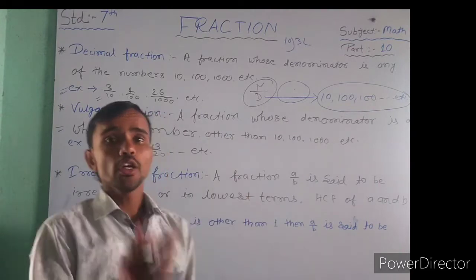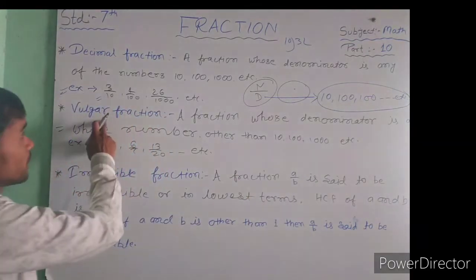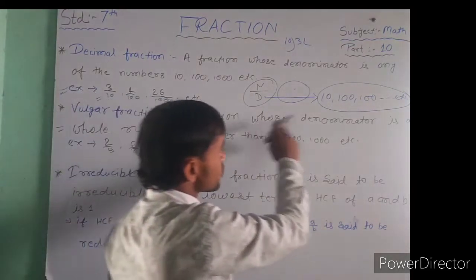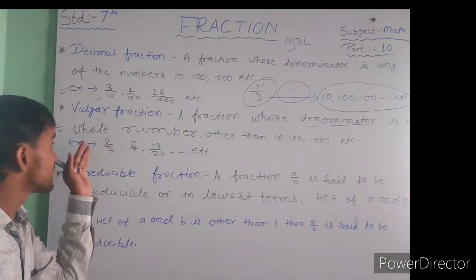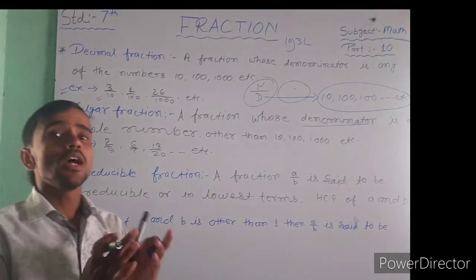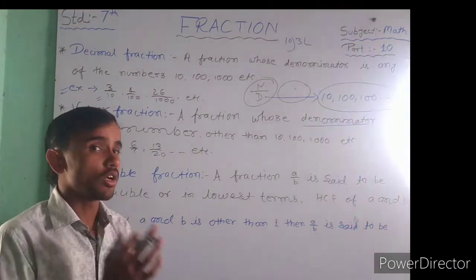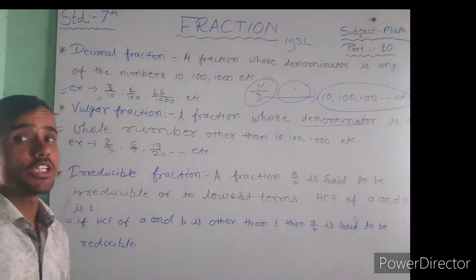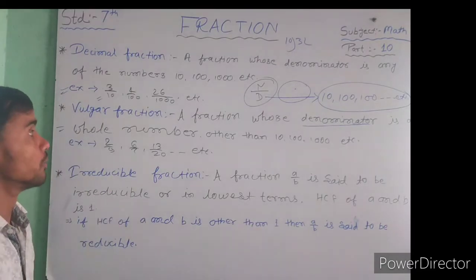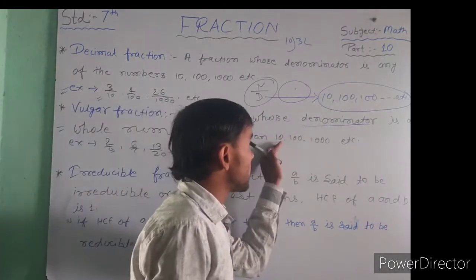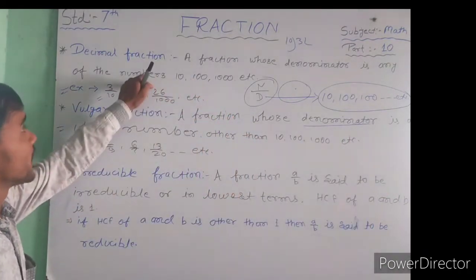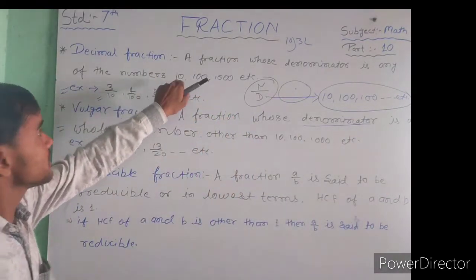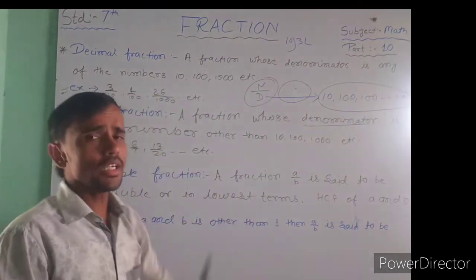Write on the board, and also write in your copy: a fraction whose denominator is a whole number other than 10, 100, 1000, etc.